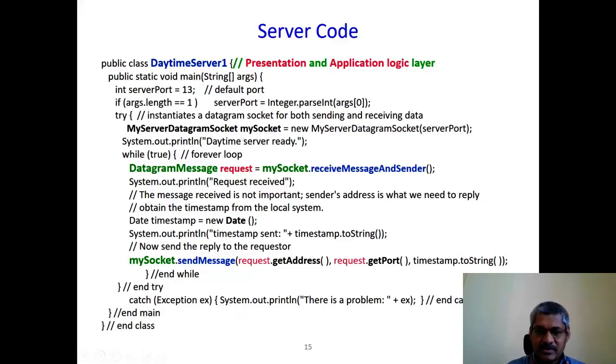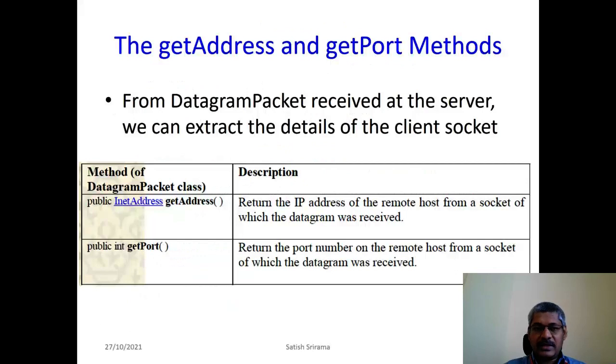And my server datagram socket is where you try to get the address of the client from the received datagram packet. So in the API, you can get the address and the port number from the datagram packet. Once you receive a datagram packet sent from the client to the server, at the server side, by using get address, you can get the address of the client socket from where you received that datagram packet.